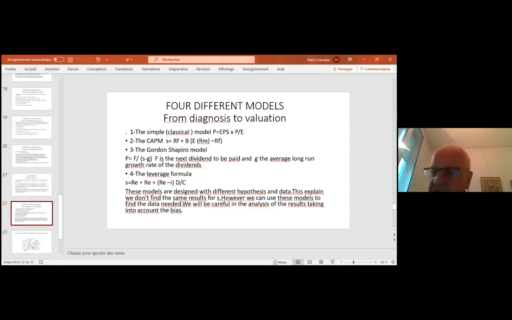Here, when you go through biotechnology, you will be able to calculate S using the capital asset pricing model. You will perhaps, on the future period, your scenarios, be able to use the Gordon-Shapiro model. And using the leverage formula, be able to find an optimal D over C. It means a mix of financial structure.